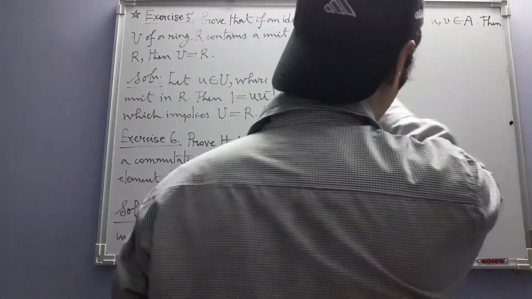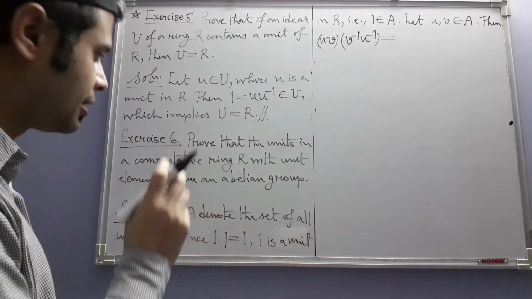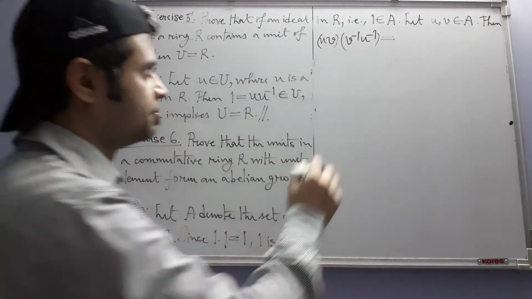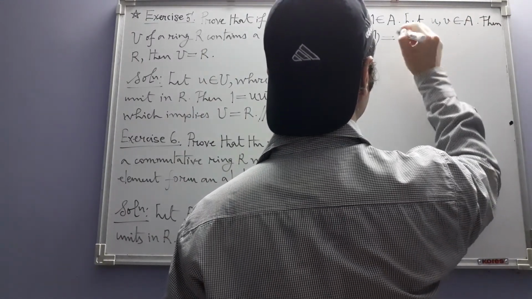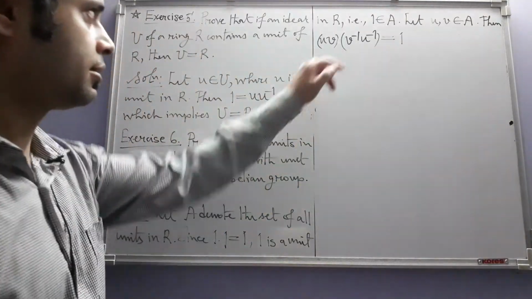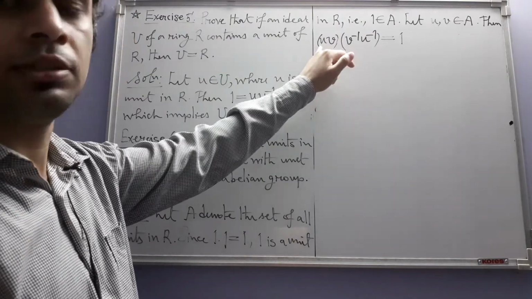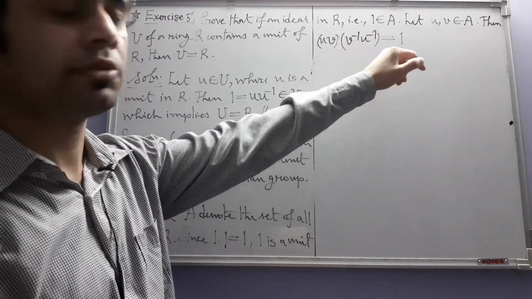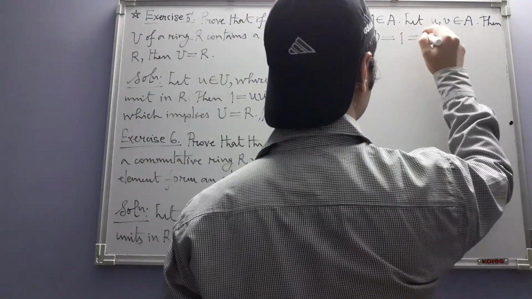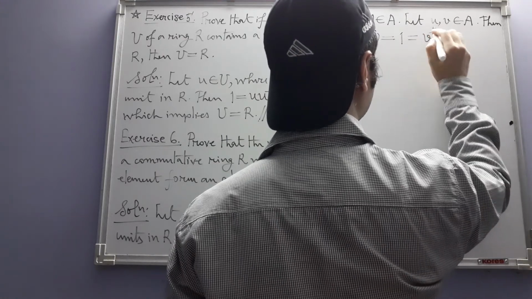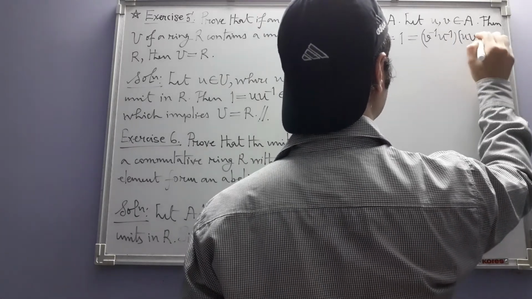Now using the ring laws, that is multiplication is associative and multiplication here is commutative also, this is equal to, v and v inverse will give us 1, then u and u inverse becomes 1, and this is also equal to v inverse u inverse uv.